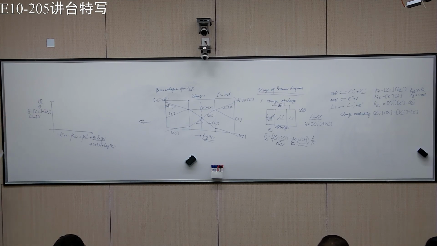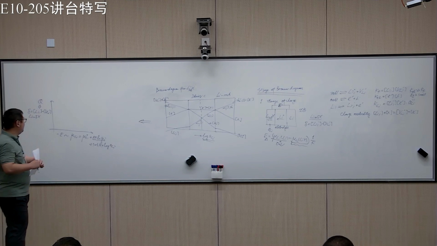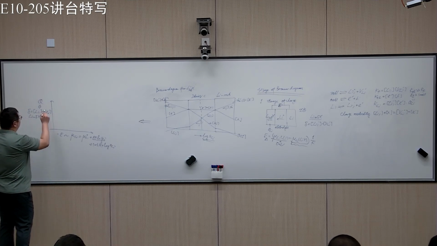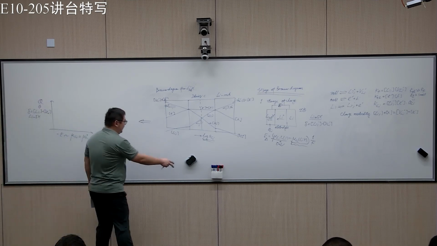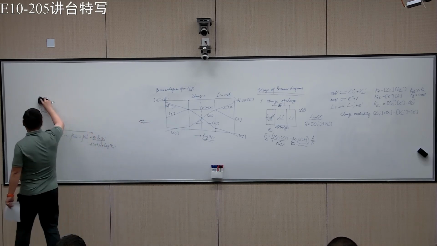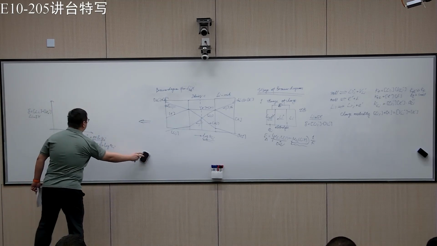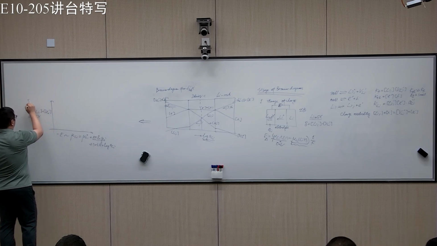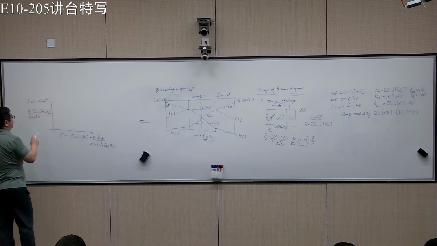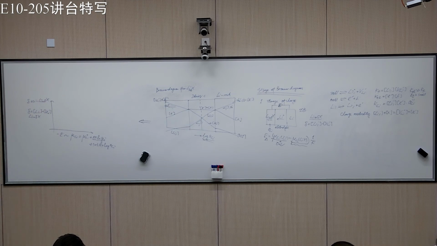Basically, what you can store is determined by changing the stoichiometry. So let's say I replace Q with delta, as in 1 plus delta.